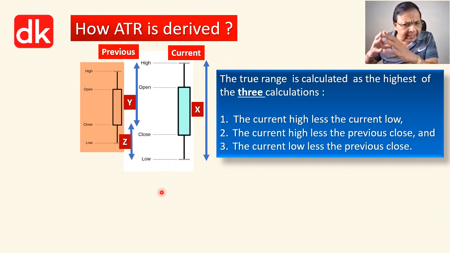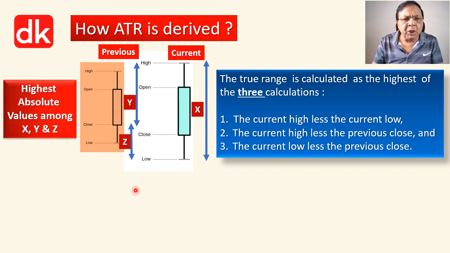So you get the three values. What the software looks for is the highest of X, Y, Z. Whichever is the highest is considered for arriving at true range. So the absolute highest value among X, Y, Z is the true range.